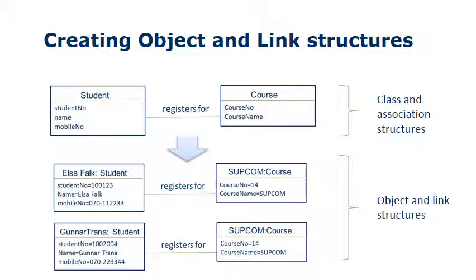Interesting here is that the objects are objects of the classes, but note that the associations between the objects are called links in UML. And links are the objects of the association in the class and association structure. So the association is also a kind of classification of links between objects.